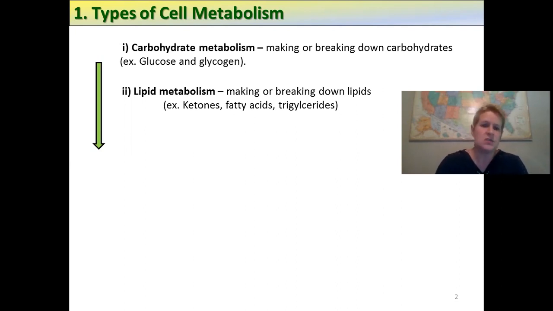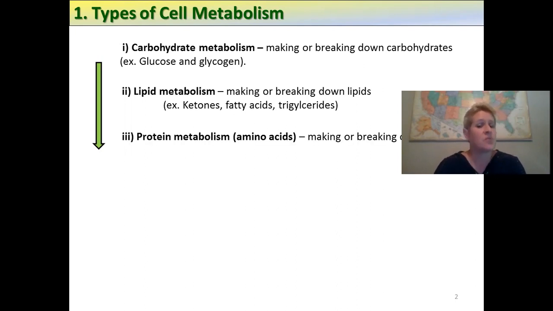So in addition to metabolizing these compounds, our body can metabolize protein. Protein metabolism includes the making or breaking down of proteins, amino acids. Now we make proteins all the time from simple amino acids in our cells, but we also can break them down if we need to. In fact, if our body runs out of carbohydrates, it'll turn to lipids next.